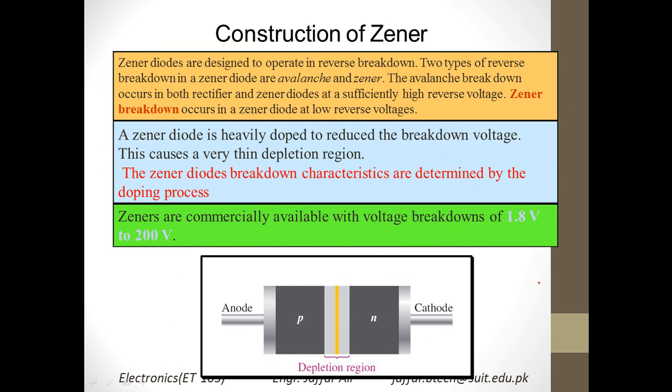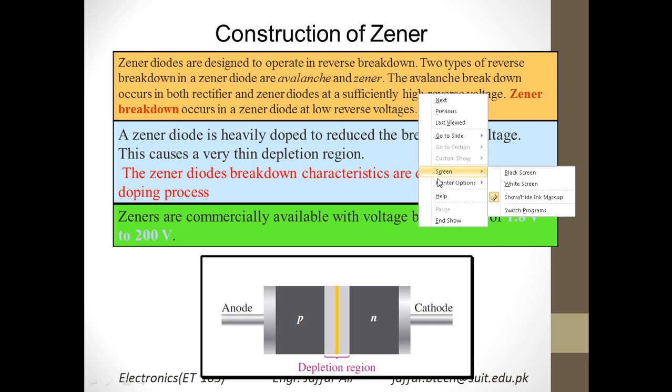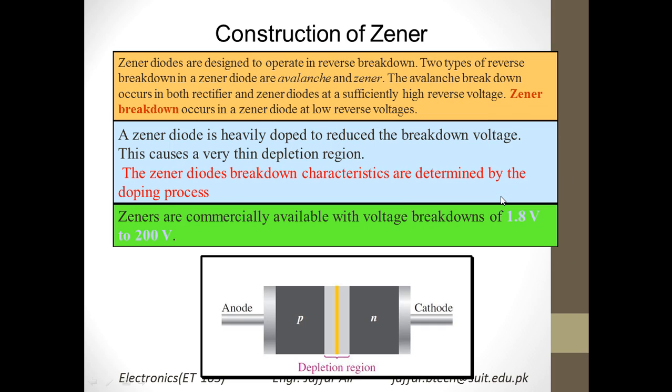Now coming to the construction of the Zener diode, you know that it is designed specifically to work in the reverse bias region or reverse breakdown voltage, so it is important to consider this in terms of construction. There are two types of reverse breakdown in Zener diodes: one is known as Zener and one is known as avalanche.